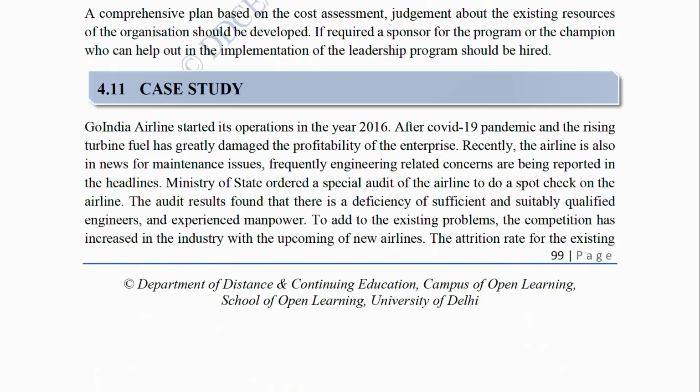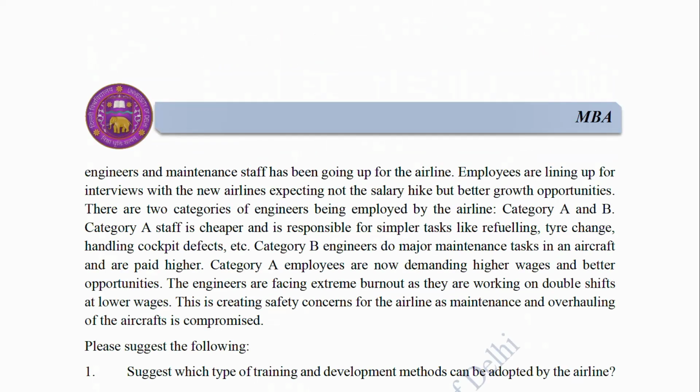To add to the existing problems, the competition has increased in the industry with the upcoming new airlines. The attrition rate for the existing engineers and maintenance staff has been going up for the airline. Employees are lining up for interviews with the new airlines, expecting not a salary hike, but better growth opportunities.